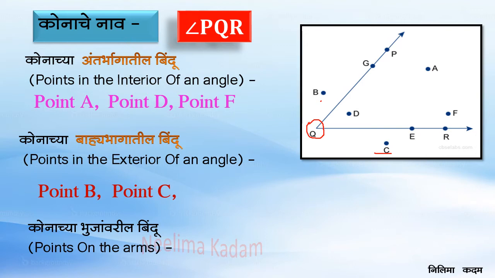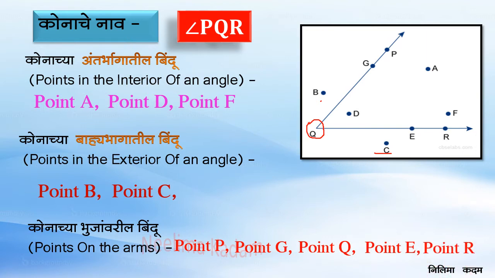Right, they are on the arms. So points on the arms will be point P, point G, point Q, point E and point R. Q is the vertex as well as it is on the arm only.